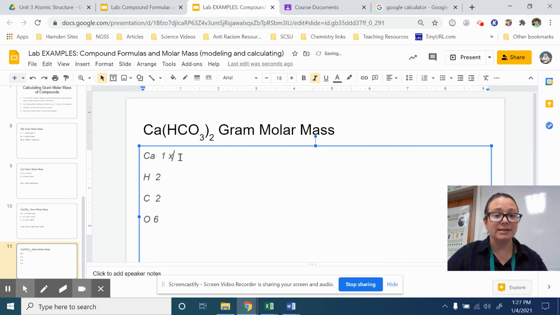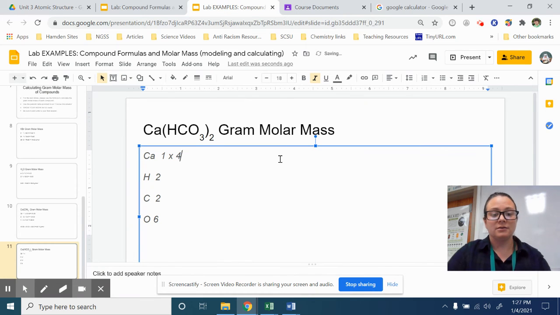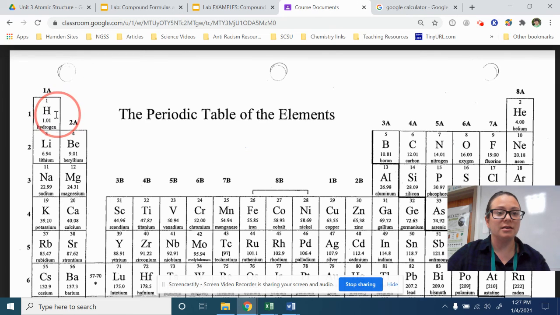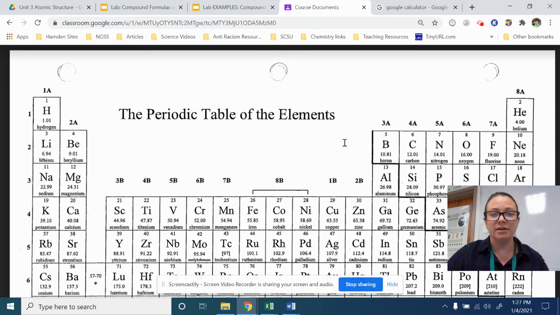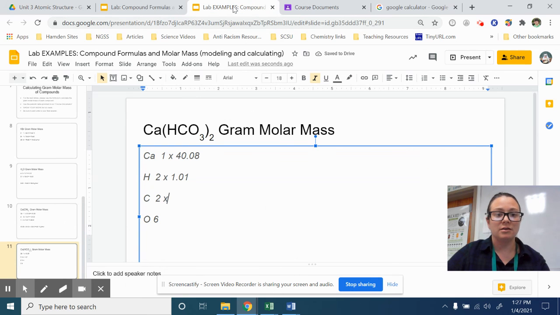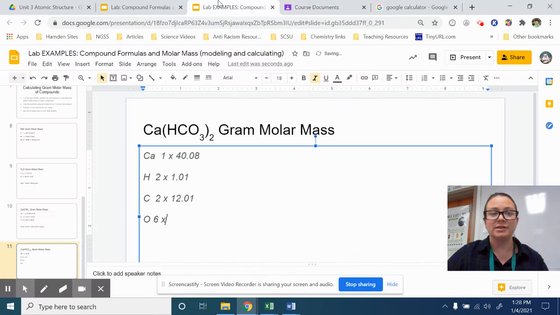All right. The next step, I multiply by the atomic mass. Calcium, 40.08. Hydrogen is here, 1.01. 2 times 1.01. I multiply carbon. Carbon is 12.01. And oxygen is here, 16.00.